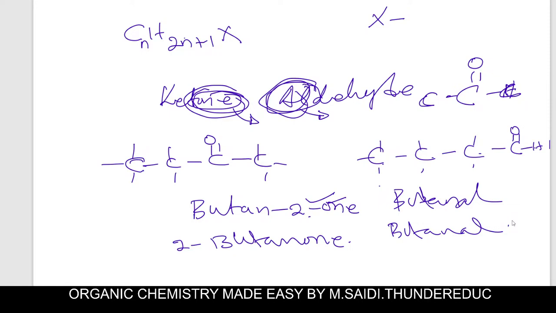The general formula for the two is the same. Why is the general formula the same? It's because a ketone is an isomer of an aldehyde, and isomers always have the same general formula. Don't forget that they are derived from our general formula, CnH2n.